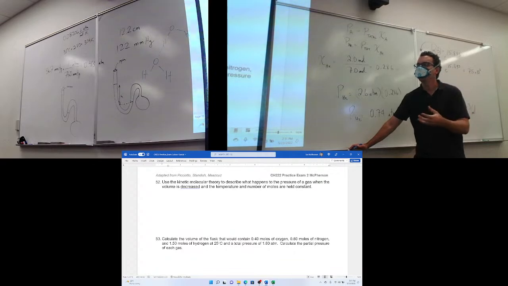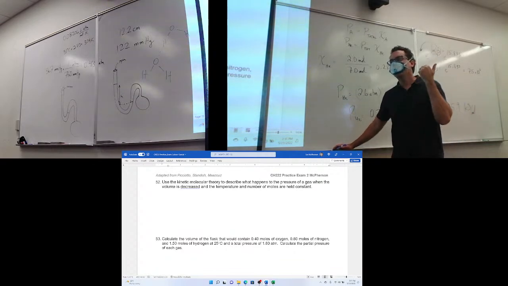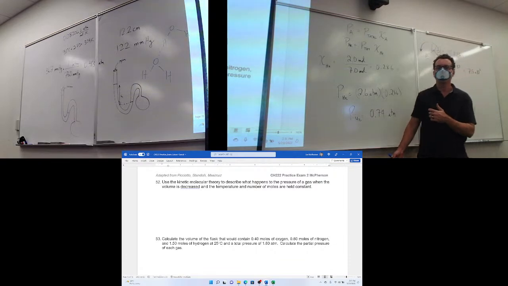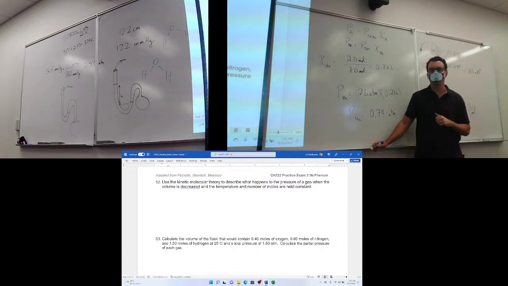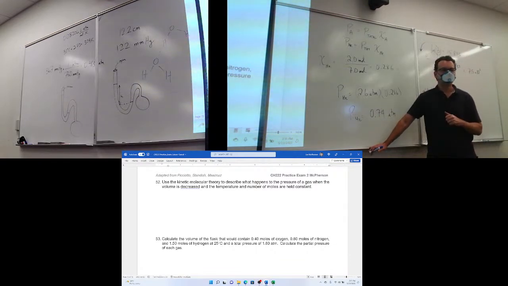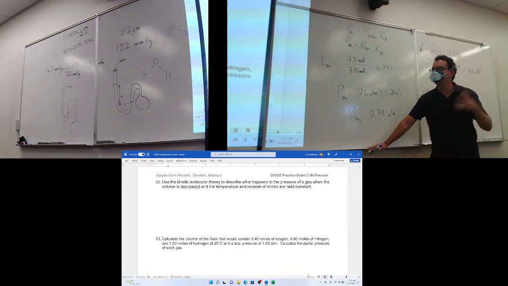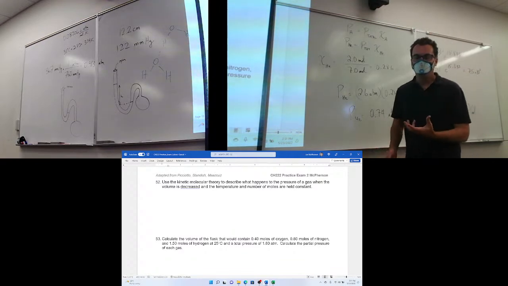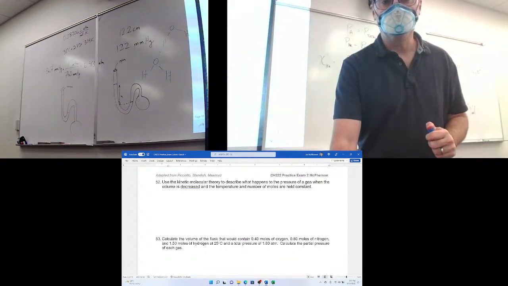You tell me that if the temperature is increasing, the average speed of the molecules is increasing, and if they're moving faster, there are going to be more frequent collisions with the container walls, and that's what creates the increase in pressure. So talk about collisions, the number of collisions, and the strength of the force of the collision, or impulse technically, but force is fine. That's how you explain kinetic molecular theory questions like that.